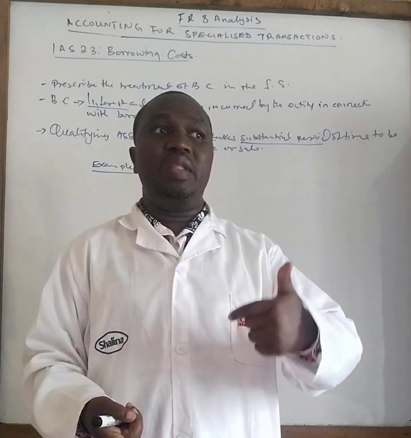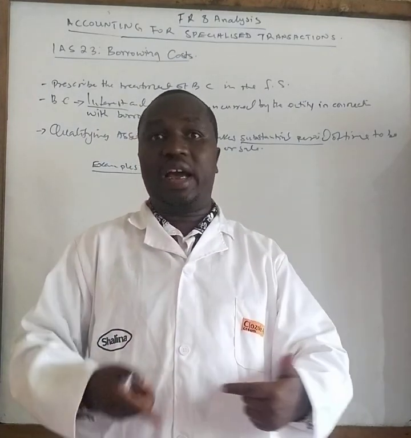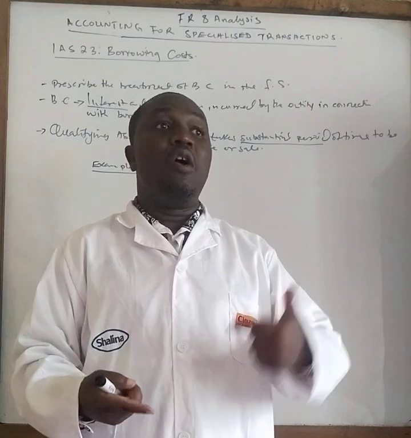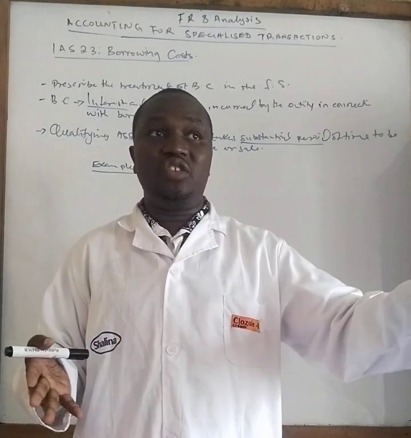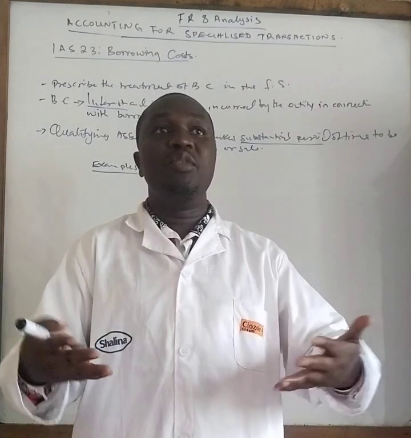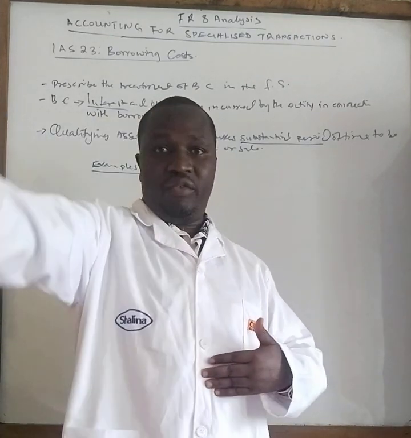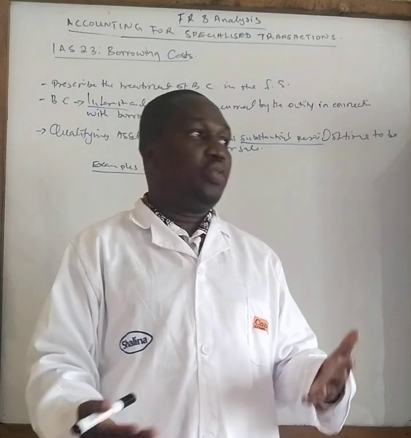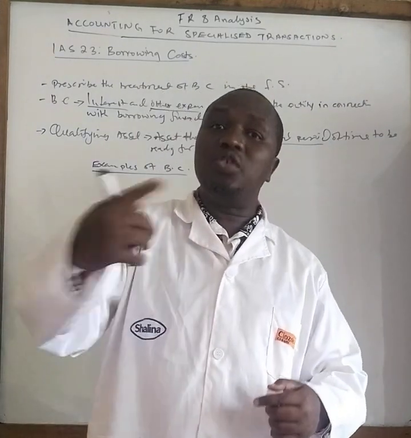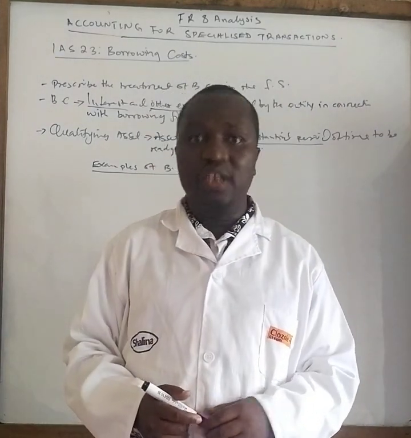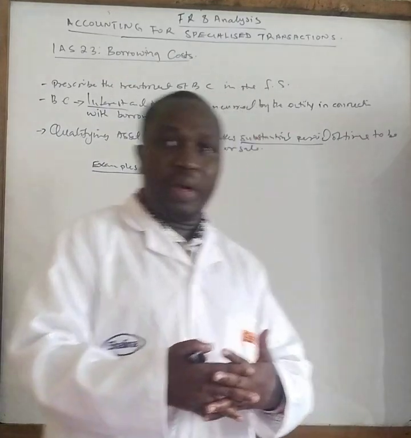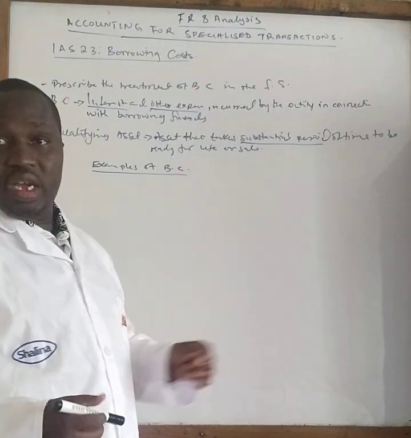It can also mean maybe the risks incurred for that particular loan, or the facilitation, that is to say, maybe the lawyers being used there to make the legal contract between you and the financial institution. So we have also other costs that we are incurring, and those other costs need to be incorporated when determining the borrowing cost.